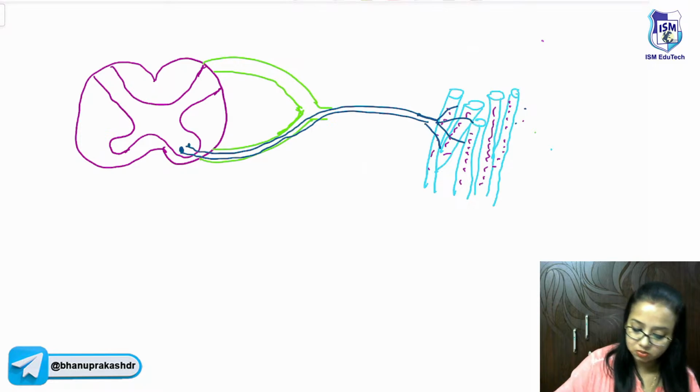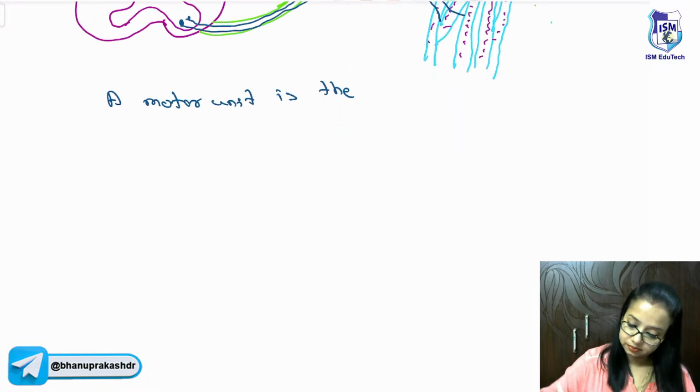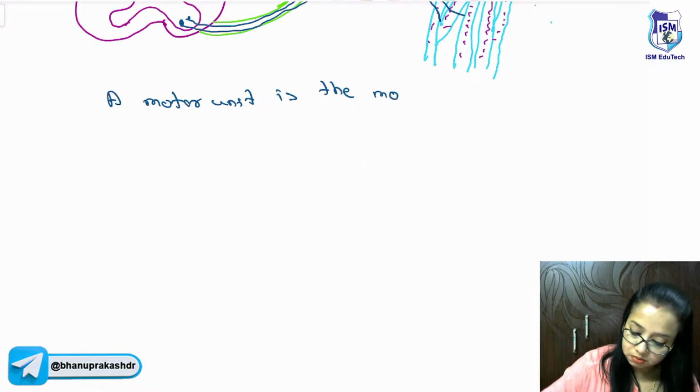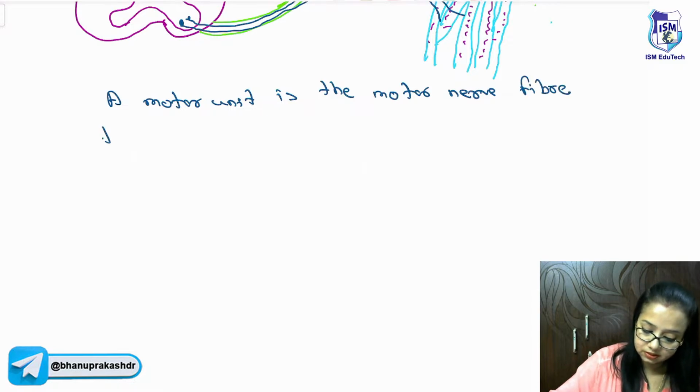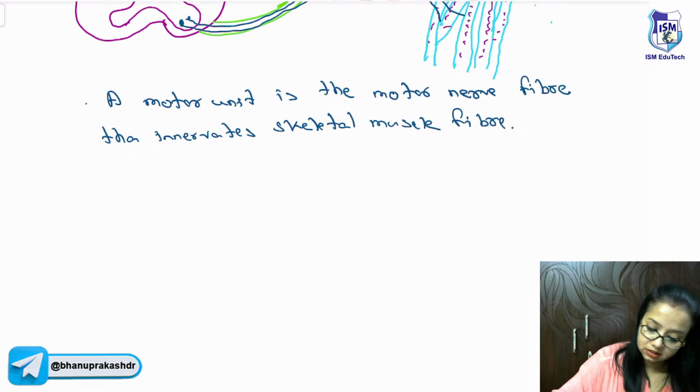Okay, so a motor unit is the motor nerve fiber that innervates skeletal muscle fiber.